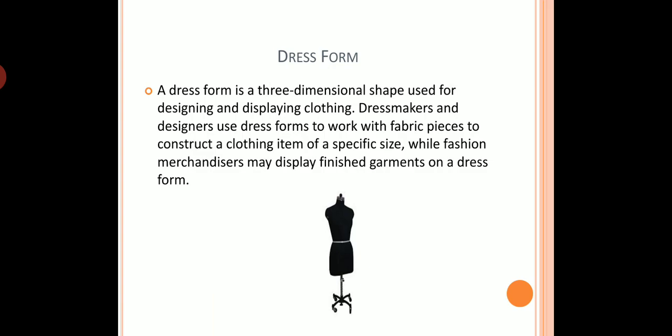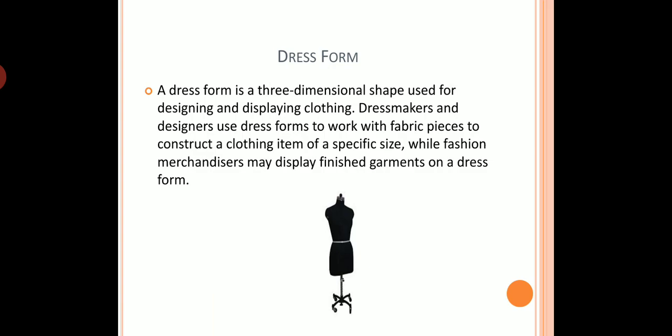Then dressmakers' dress forms are short, which are not used to design dresses. They are only for the purpose of seeing the final garment. But for draping the garments, full-sized dress forms are there.